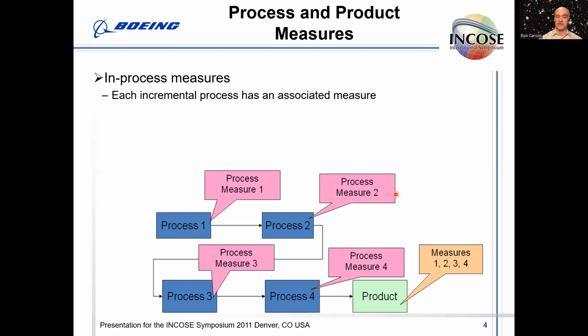So we do process 1, and then we make some sort of a measurement on it before we go on to process 2, and we do the same thing. And then at the end, we have a product, and we would want to measure certain things about it in the absence of process measures to know that the product satisfied all its requirements.